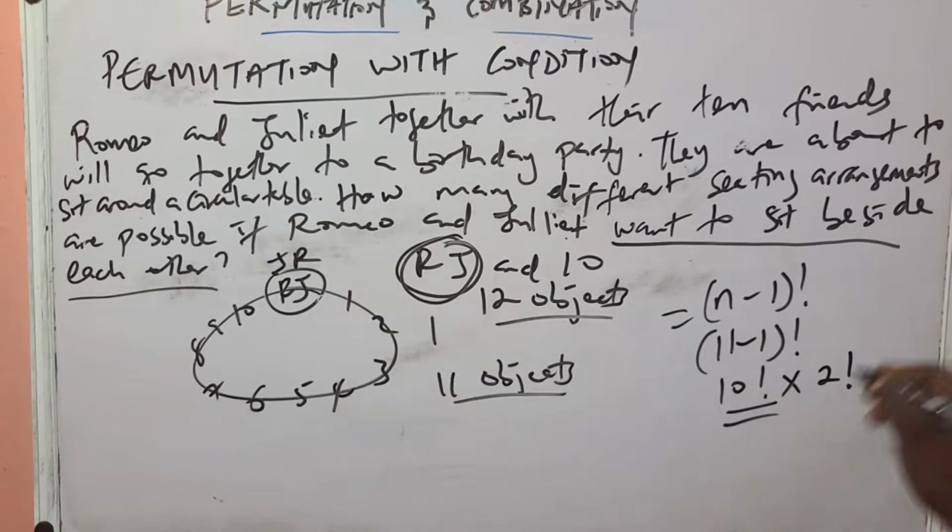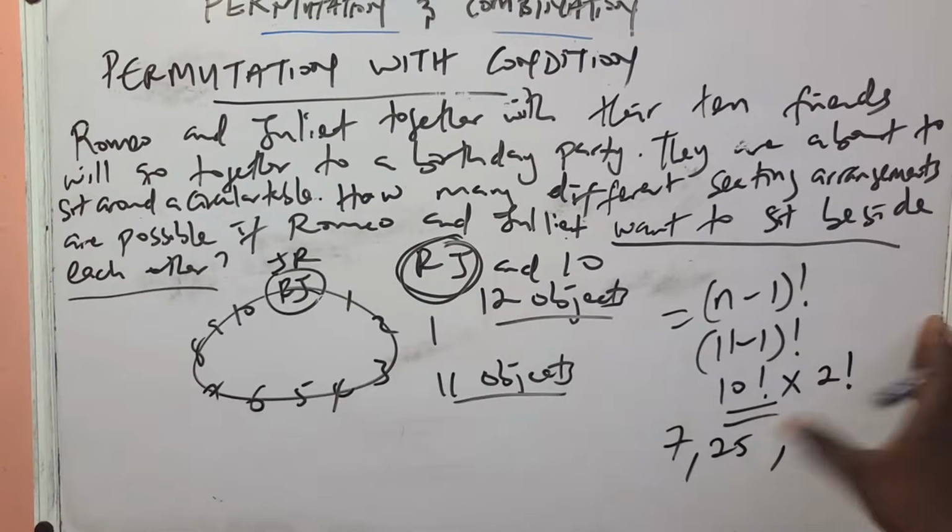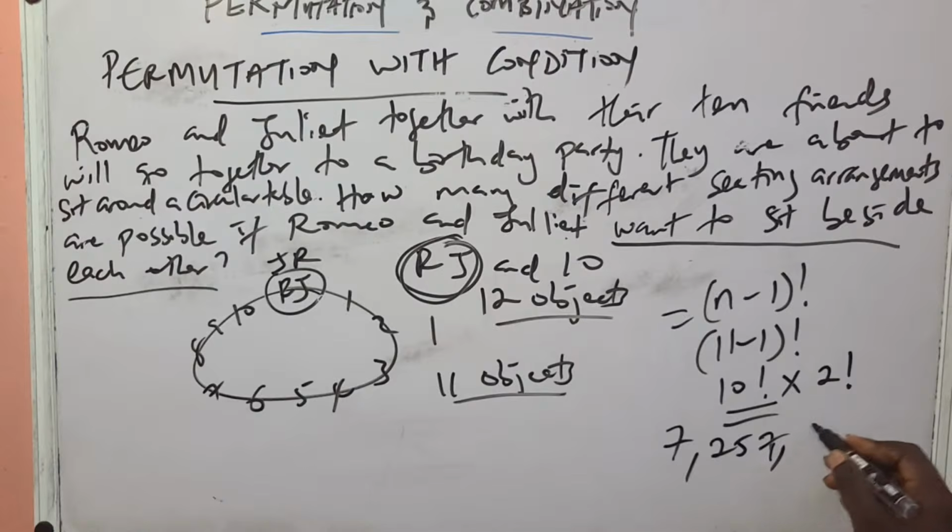That gives you 7,257,600. So these are the different arrangements you can have to achieve this scenario.